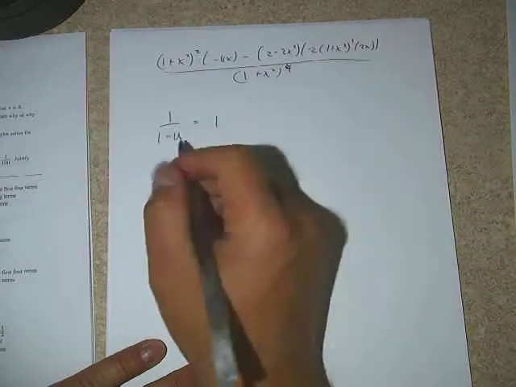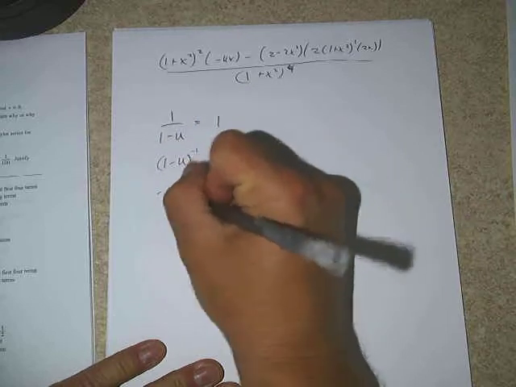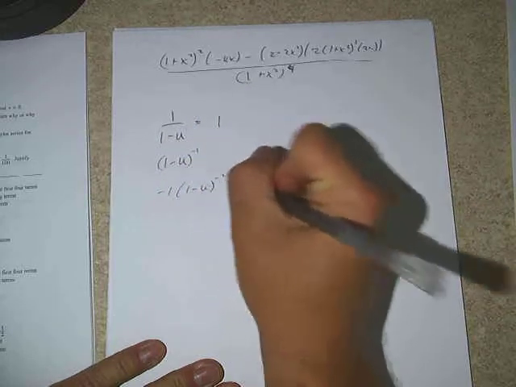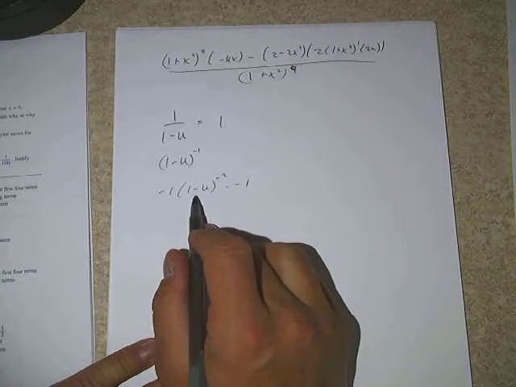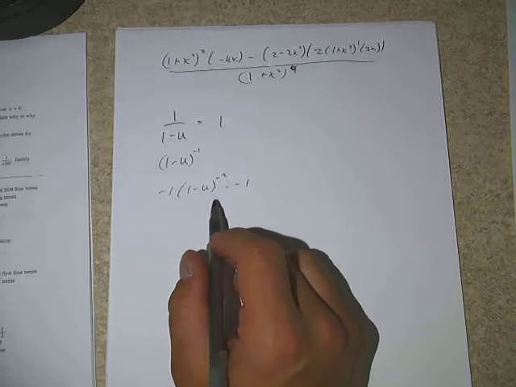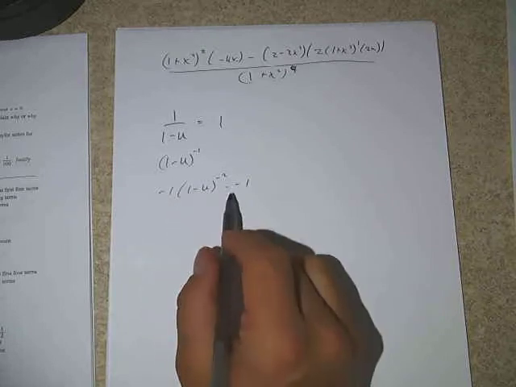Alright, so if we think of say a simpler one to deal with, the one they suggested was to use 1 over 1 minus u and find the Taylor polynomial for it. If we put a 0 in here, we're going to get 1.